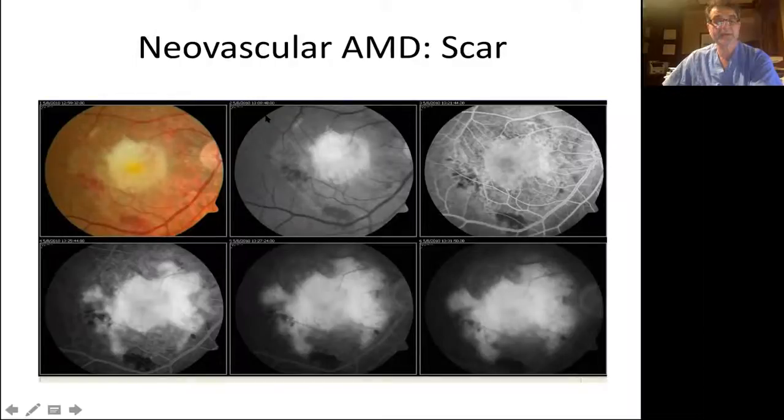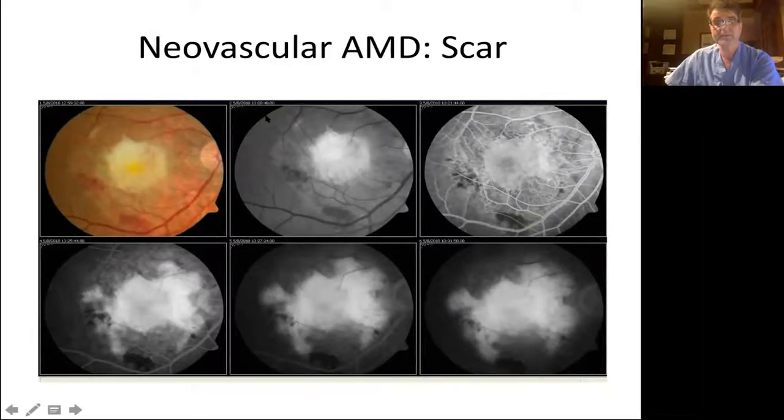Another question, are OCT and OCTA substitutes for fluorescein angiography? This is an excellent question. I'm not going to go into OCT angiography because that's a lecture in its own right. But this is an evolving discussion, and I think it remains to be seen if OCT angiography will substitute for fluorescein angiography.